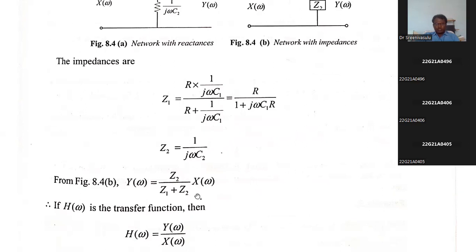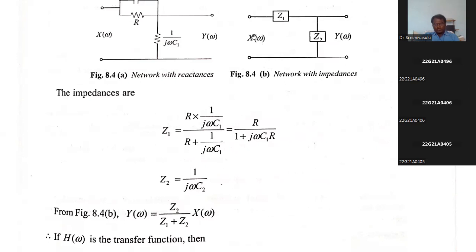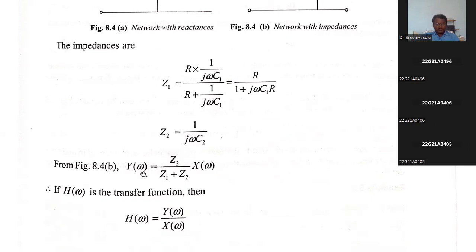Whatever explanation I have given, the author has given directly here. The explanation is simply that you can assume it is the input voltage and the output voltage, and the current flowing through this is I of omega. Then after getting this, you need to write the transfer function.